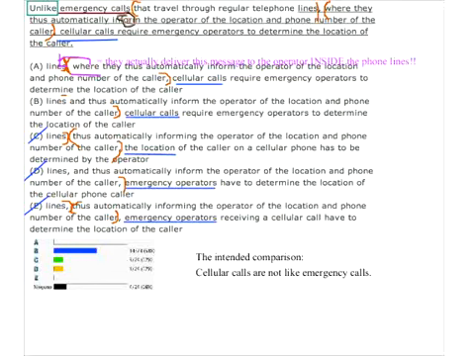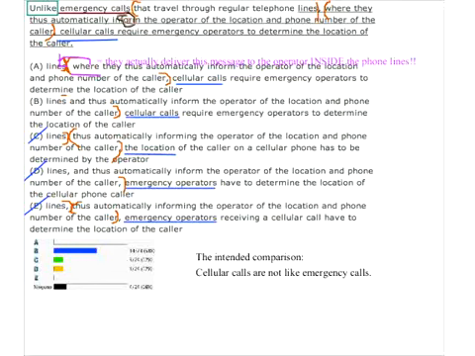Satish, no. I mean, there's no such thing as a cellular line in the first place. That's actually the whole point of cellular phones, is that they don't have telephone lines. So that would not be a sensible comparison, because cell phones don't have lines. So the comparison is emergency calls and cellular emergency calls.